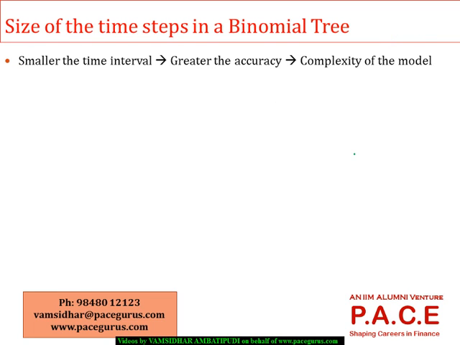Now in this swap example, we have actually gone ahead with a 1 year payment, 1 year tree structure. Now, if this interval is very long, 1 year kind of thing, probably I might not be reaching the accuracy in terms of the value.